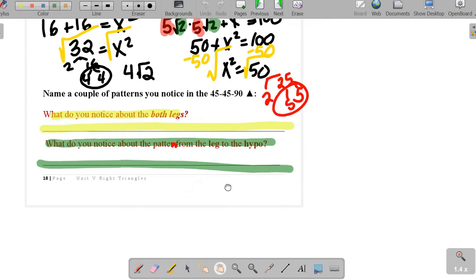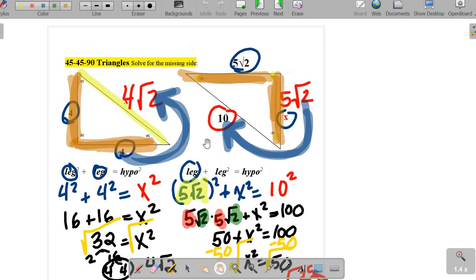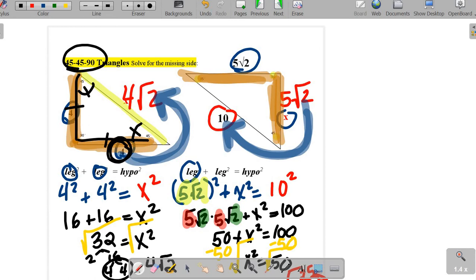Okay, what you should have noticed, there's two patterns going on here. The first pattern is, if I have two equal angles, I have two equal sides. So the first pattern in a 45, 45, 90 is that the legs are always equal. The second pattern is that whatever the leg is, if you times it by root 2, you get the hypo.